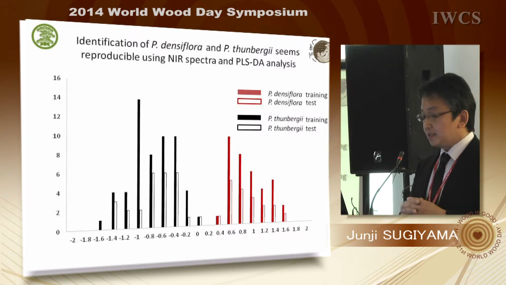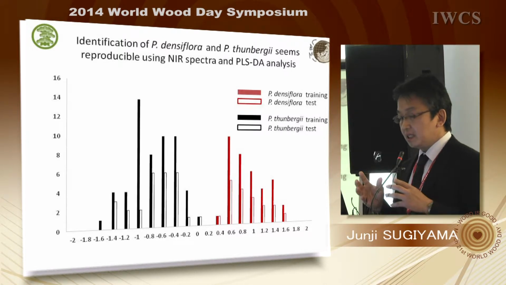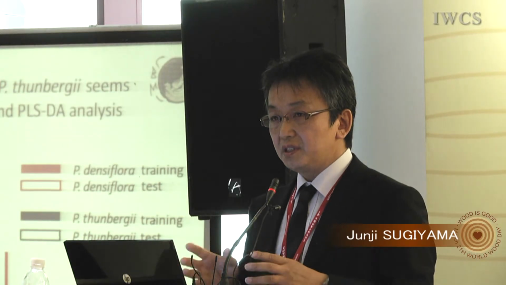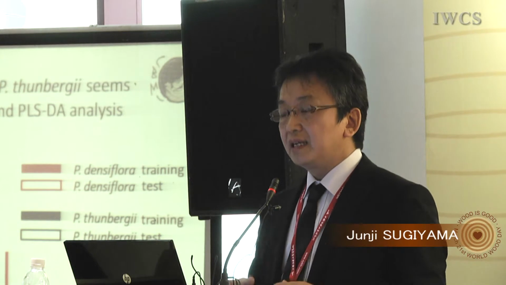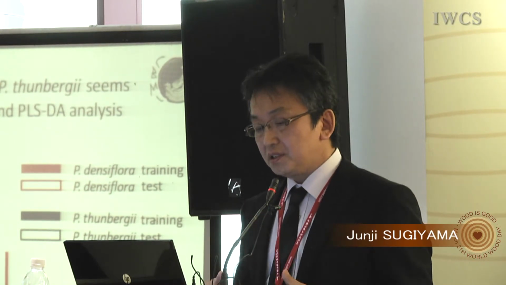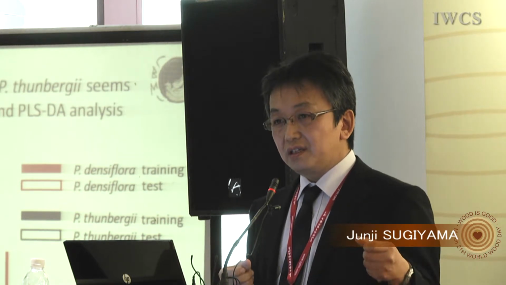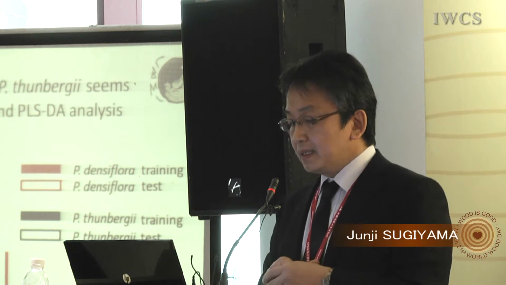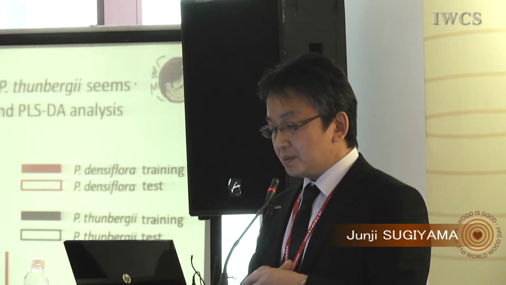This type of technique is quite easy, and recently near-infrared machines became very small and handy. They can be portable, so with this machine you can go for on-site measurement of the articles. So this is the future of this method.